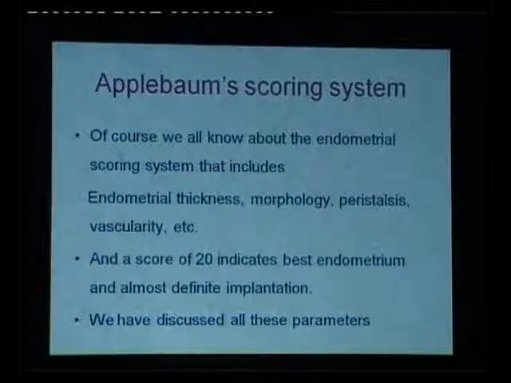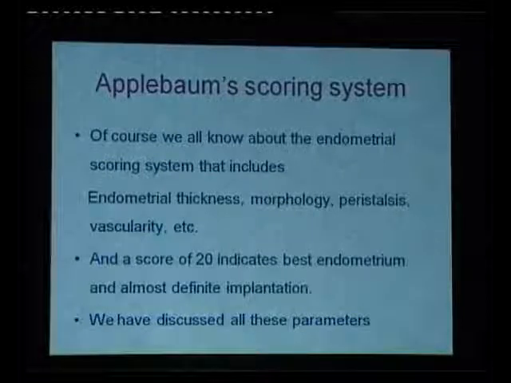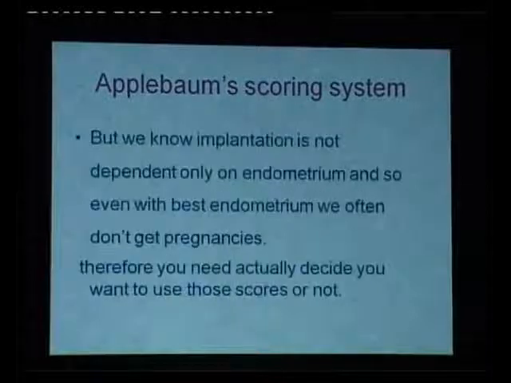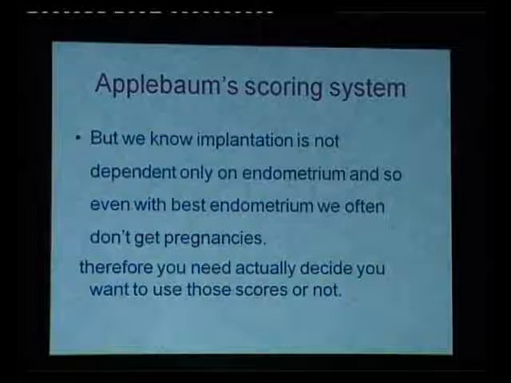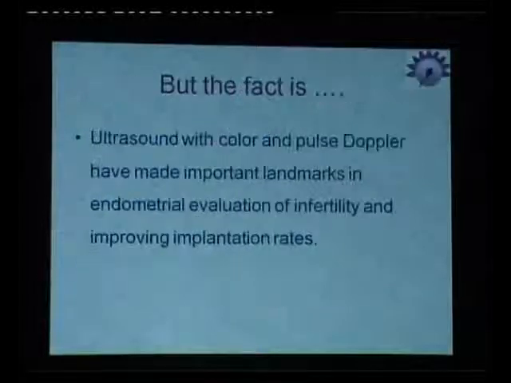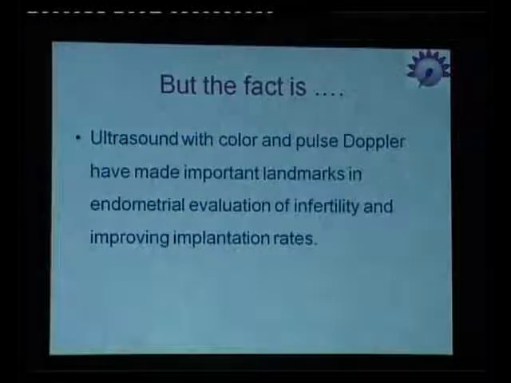It has multiple factors, you know, the embryo quality and many other micro factors. So actually, we have discussed all the parameters that are included in the Applebaum, but we do not personally believe in the actual scoring system. You need to decide for yourself whether you want to use those scores or you want to just exactly assess everything and then make your own decision.